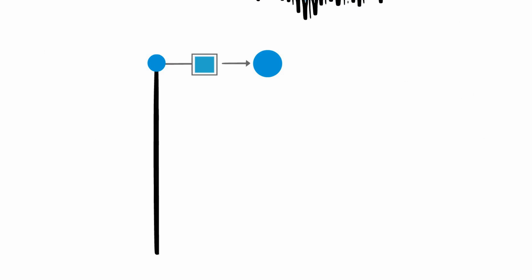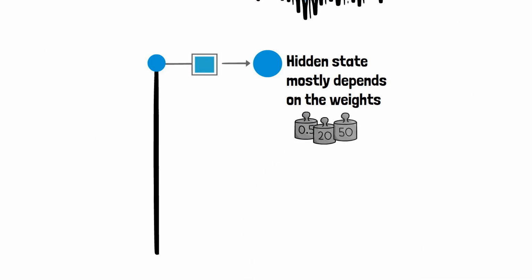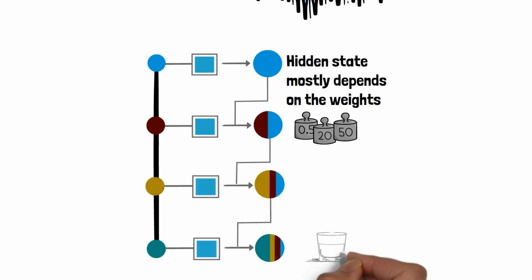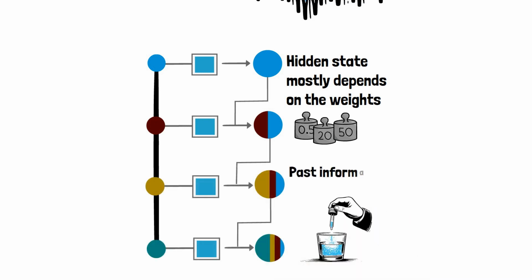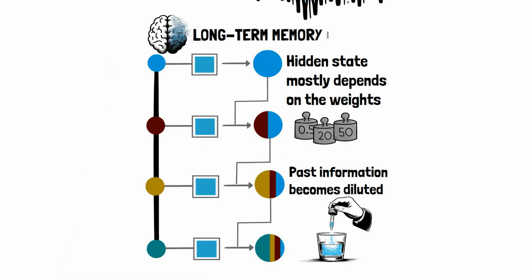This is because the values of the hidden state are largely determined by the weight matrix rather than the inputs. This means that as new data enters the network, the influence of past information can become diluted. In simpler terms, RNNs struggle with long-term memory.